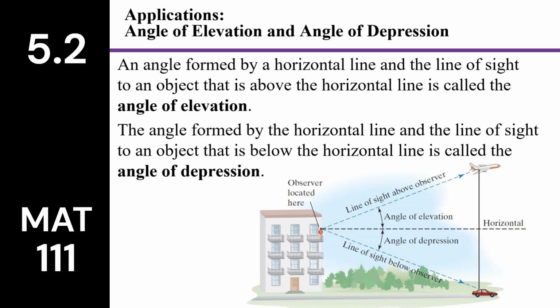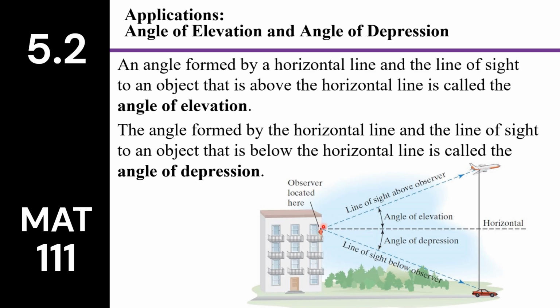Finally, for our application problems, we're going to want to know the definition for the angle of elevation and the angle of depression. In this building, there's an observer up here on maybe the 4th floor that is looking up at an airplane. They also could look straight out along the horizontal. And finally, they're looking down at this car that's down on the ground.